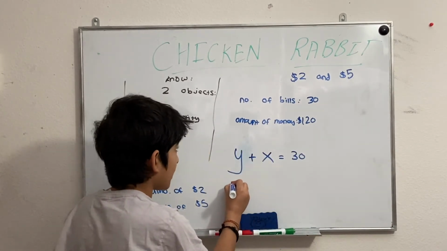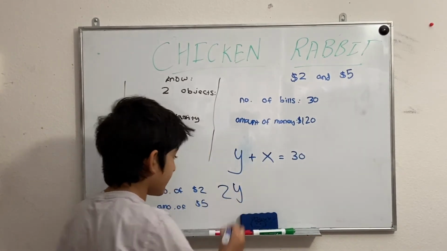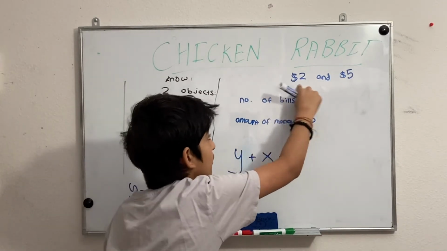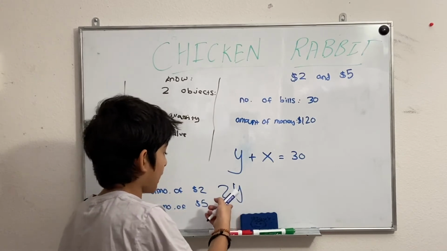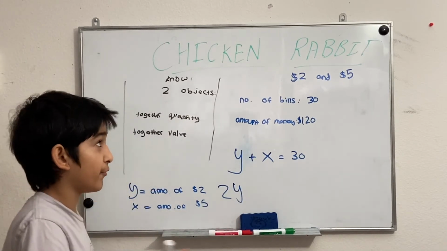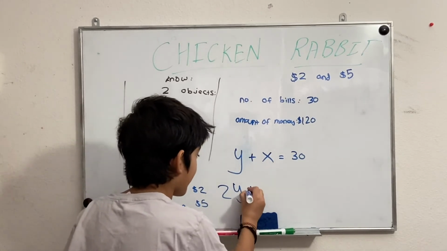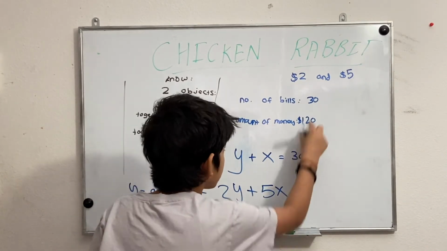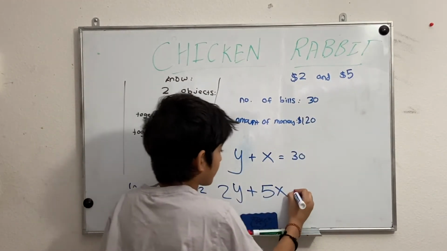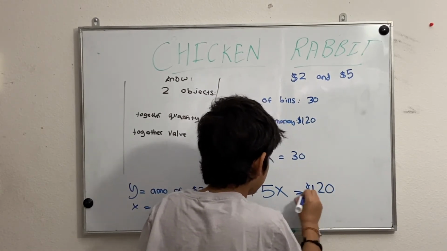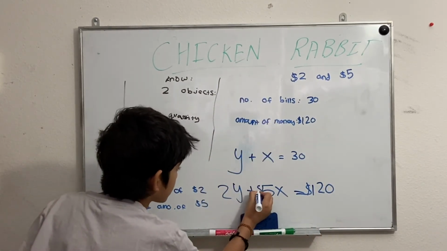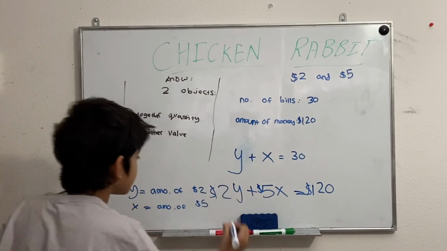So basically, 2y, because the amount of $2 bills multiplied by 2 is the total value of them. And then you have to add also 5x, because this is for 5, is equal to $120. Or we can also write dollars here to make it not that confusing.